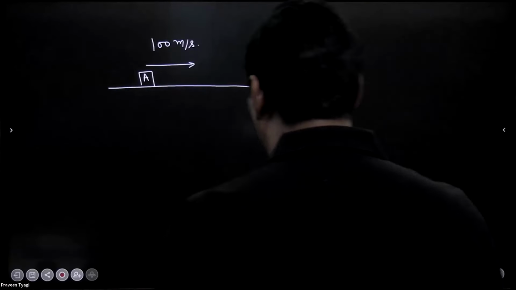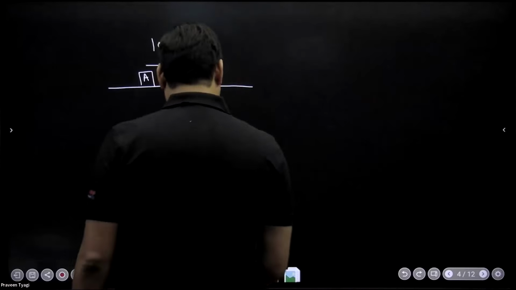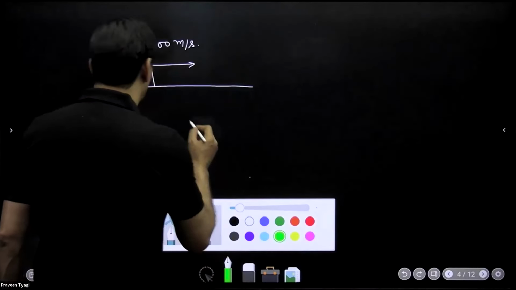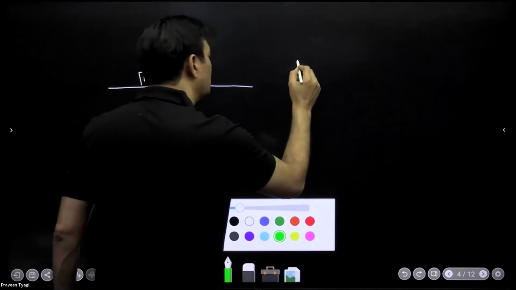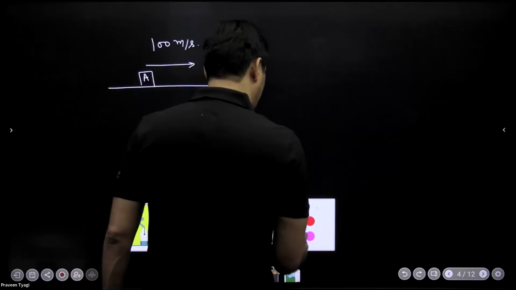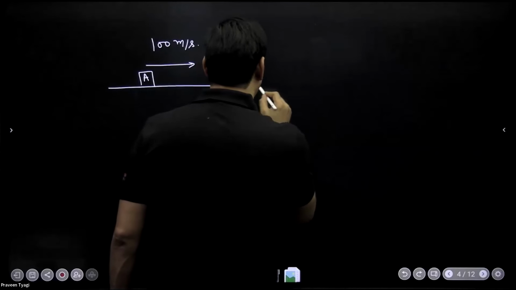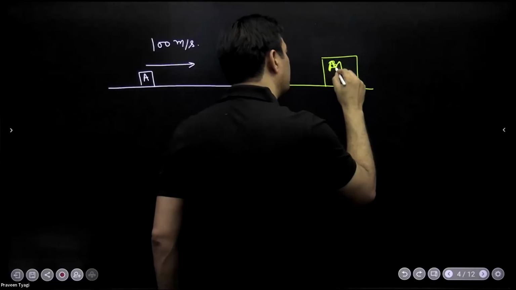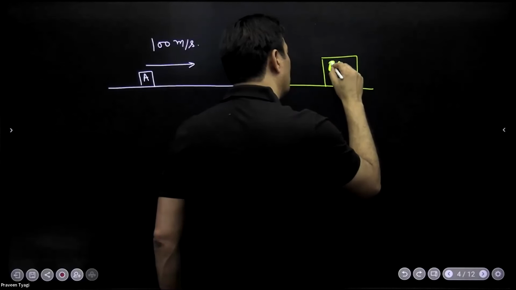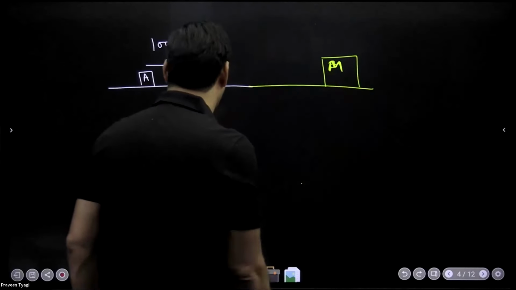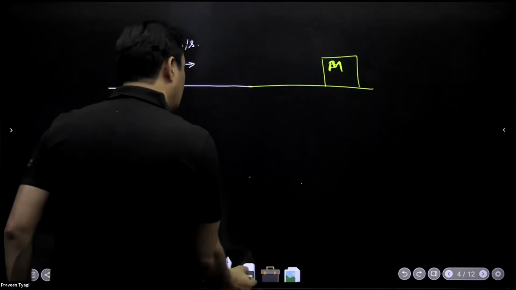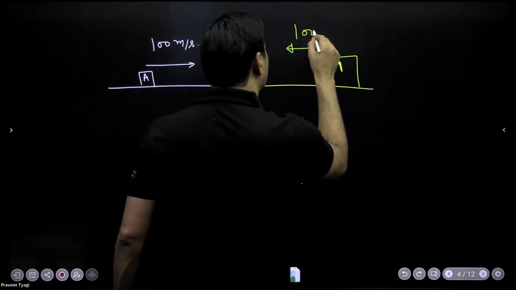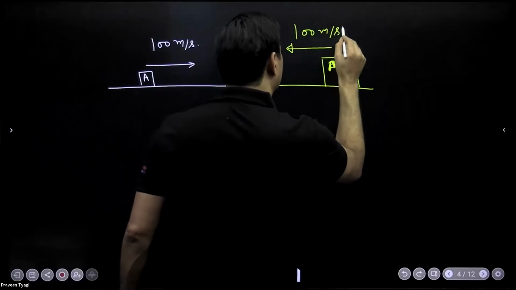I can see him on the screen. And there is another man who's moving in the opposite direction. This is a person M. Minasri is moving in this direction with 100 meters per second.